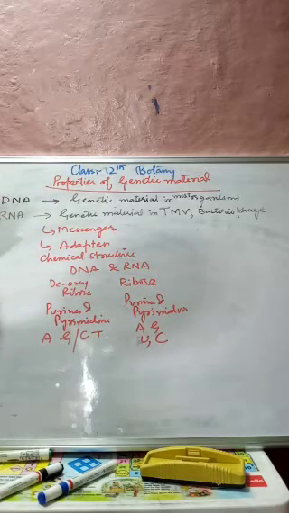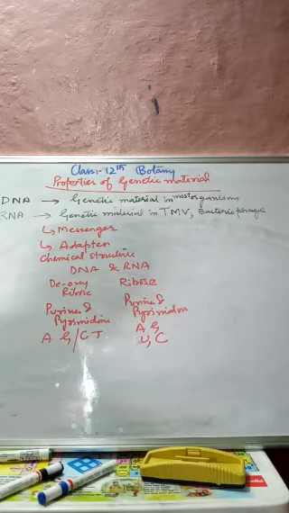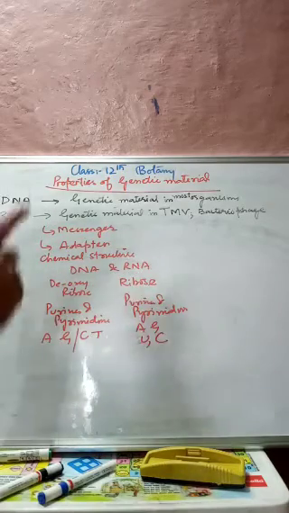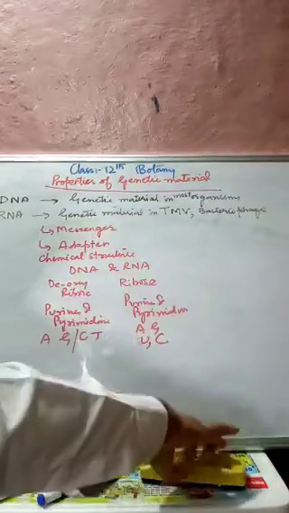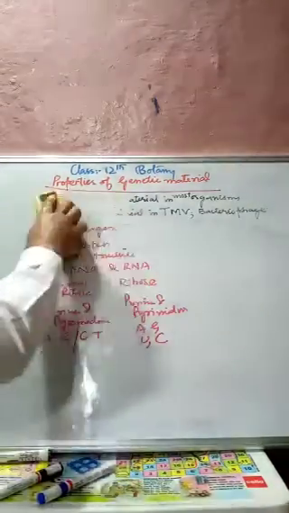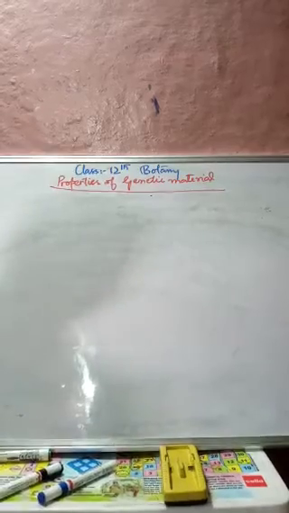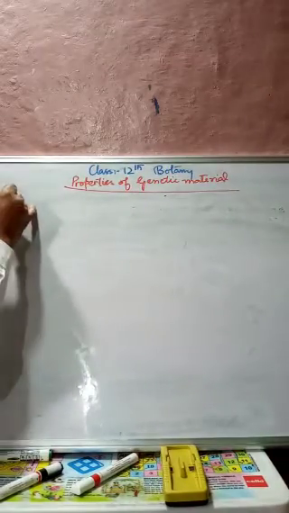Now, DNA and RNA both perform some properties which the genetic material can have. What are those properties? Let us discuss one by one. The first property is replication.